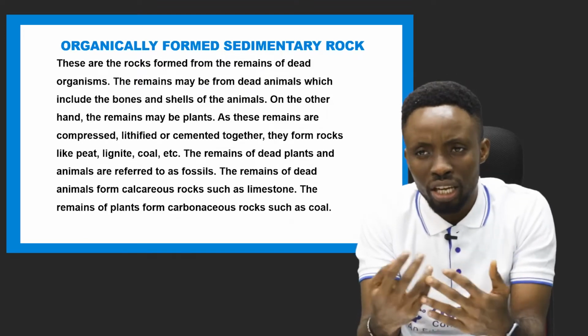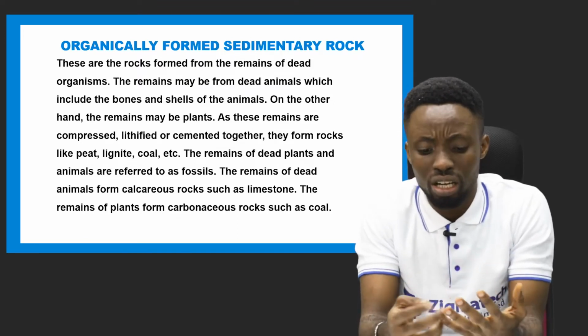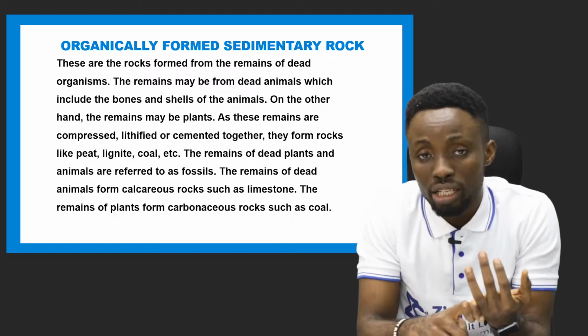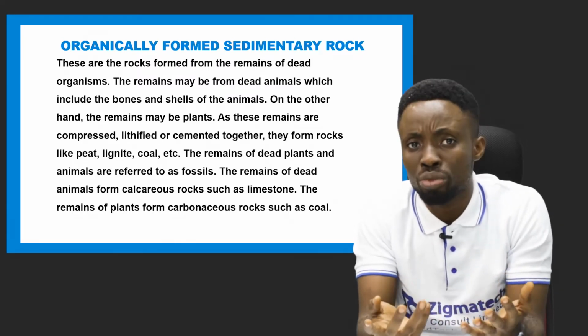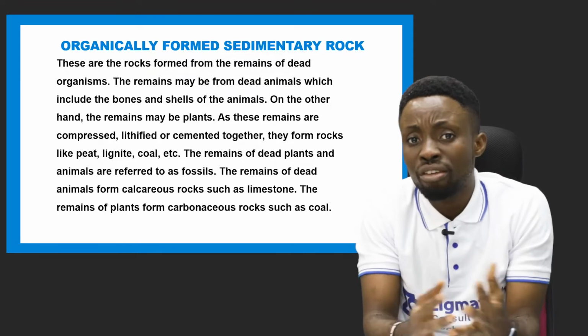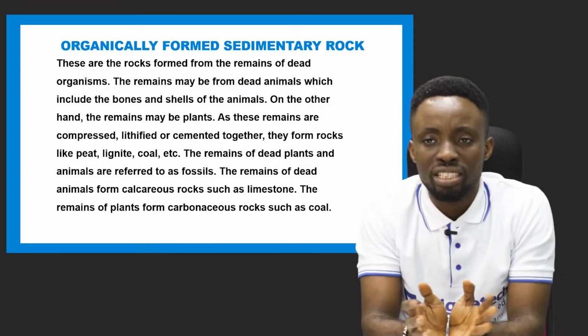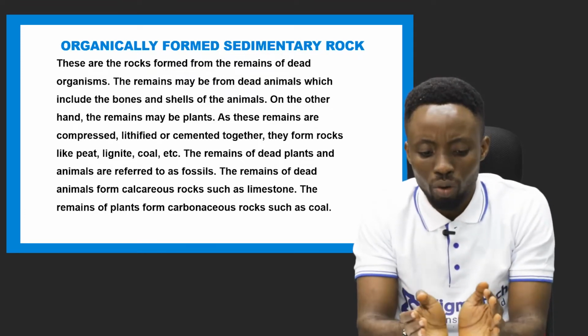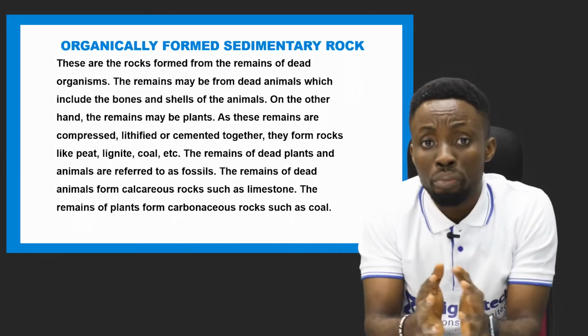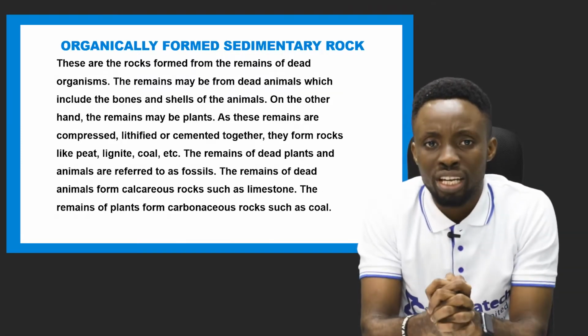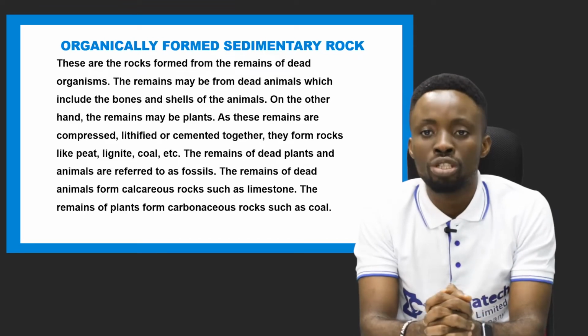And the dead organisms can be plants, animals, shells or bones or any living organisms that have decayed. And after the decay, they will compress together, liquefy, and cement each other to form this rock.